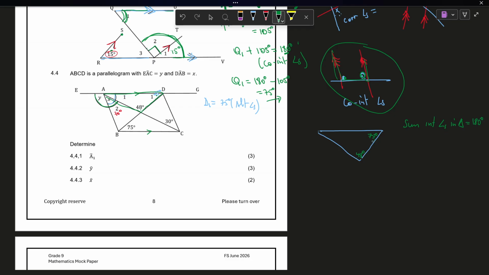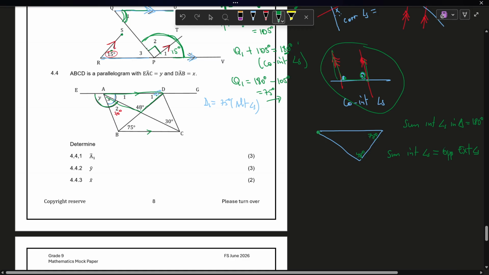What else do we know? We also know that the sum of two interior angles is equal to the opposite exterior angle. So what are the opposite of these two interior angles?